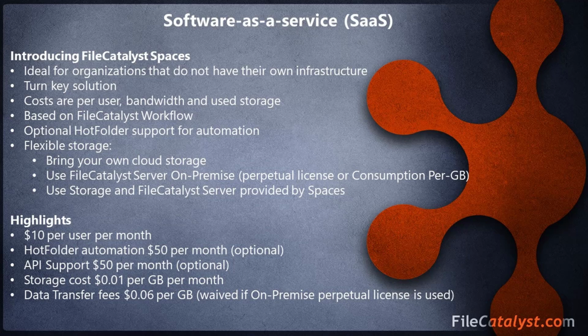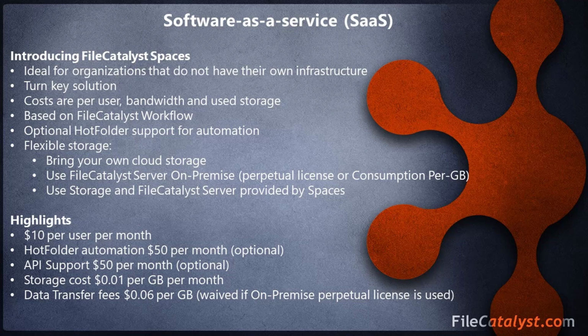The last option that we're launching soon will be FileCatalyst Spaces. It will provide you everything: the infrastructure, the networking, the storage. It's a turnkey solution. You just pay a monthly fee, and per additional user you pay $10 per user per month. You can add hot folder automation to it.